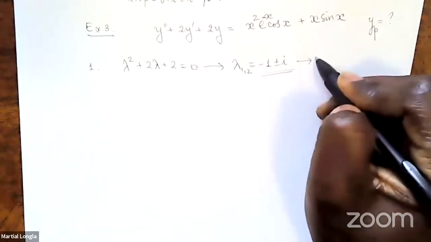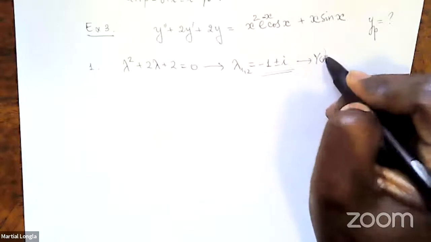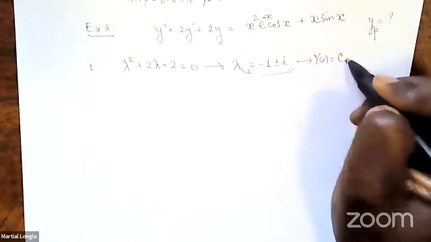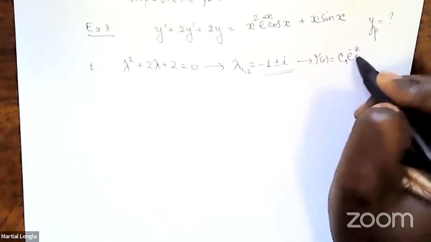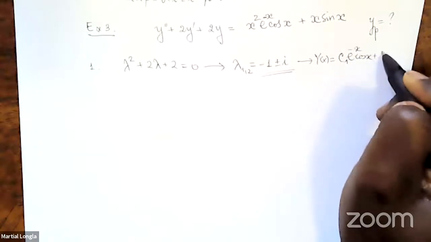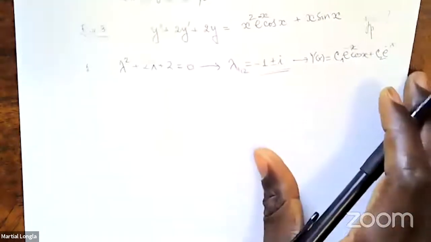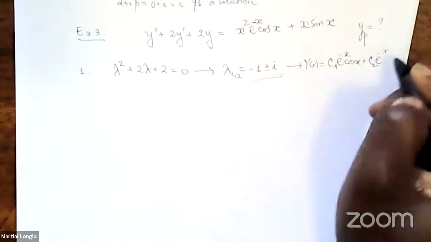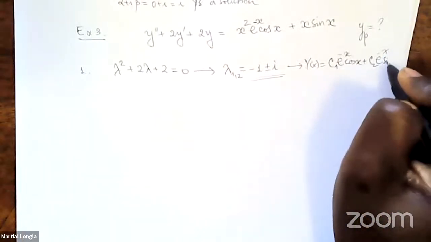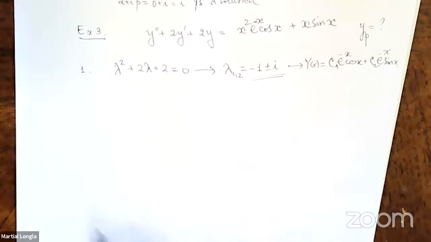which gives you capital Y of x equals C1 e to the negative x cosine x plus C2 e to the negative x sine x. That's it.